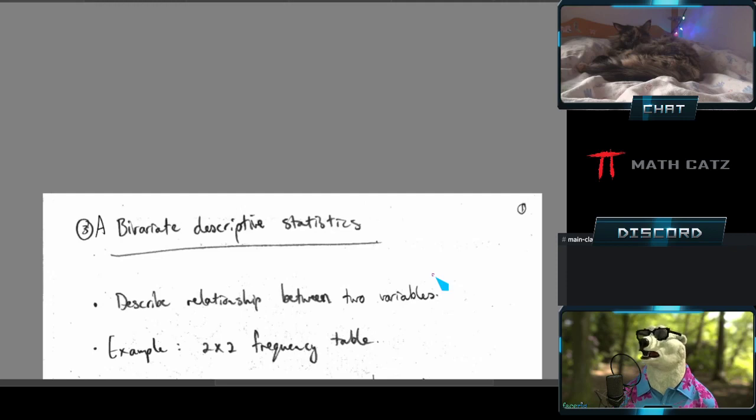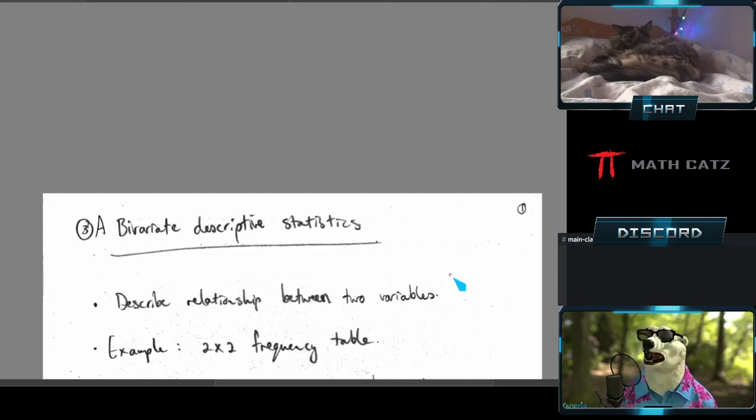In this next topic, we are going to look at what we call bivariate descriptive statistics. Ooh, such a scary word. All we're doing is investigating the relationship, or rather describing the relationship between two variables.